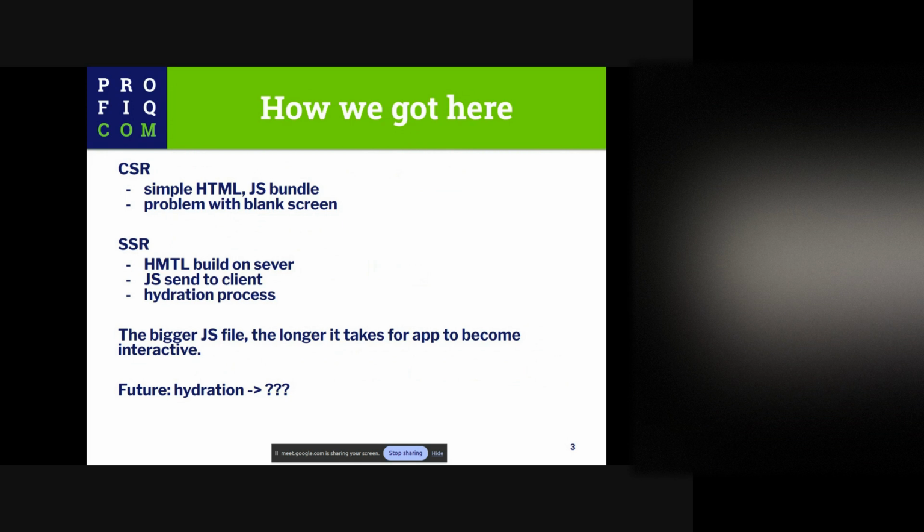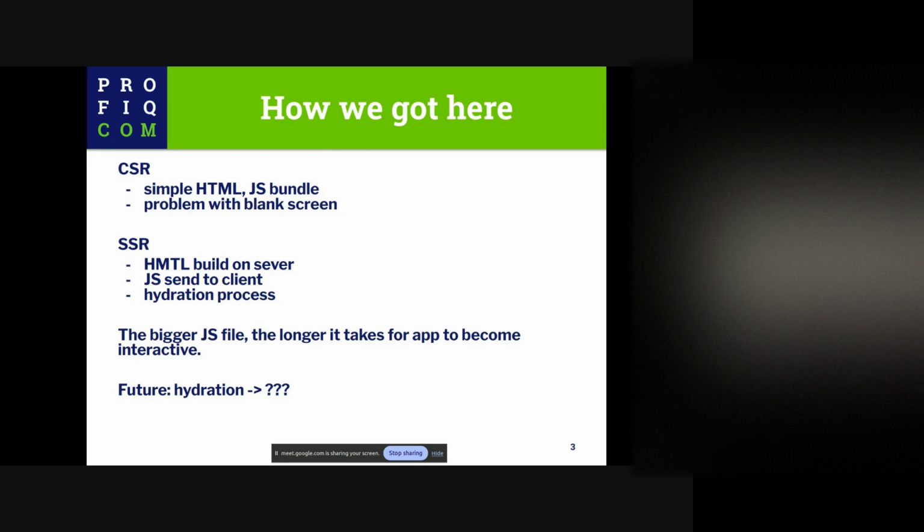So if you go to the application, you get the HTML fast, and then you get the whole bundle of JavaScript. And the bigger it is, the longer it takes to actually display something. So there's the problem called the blank screen problem, because you see nothing before it gets built on your machine, and then you see something.